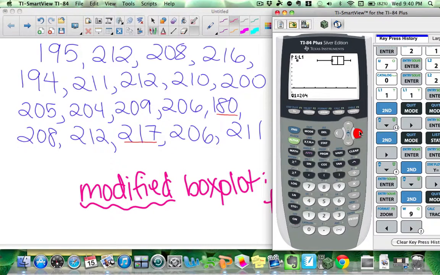Quartile 1 is 204, the median is 208, quartile 3 is 212, and the maximum is 217. So again, this is a modified box plot. It calculates outliers according to a rule that I'm going to teach you next week. And then it marks them with like a little box or an asterisk or something like that.